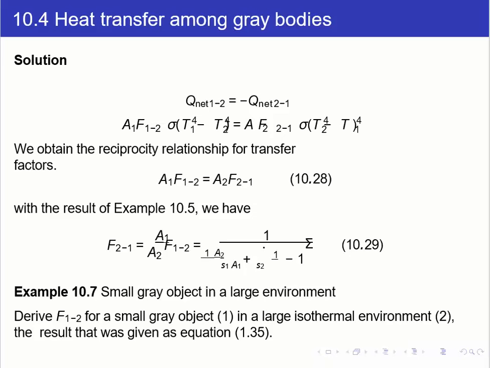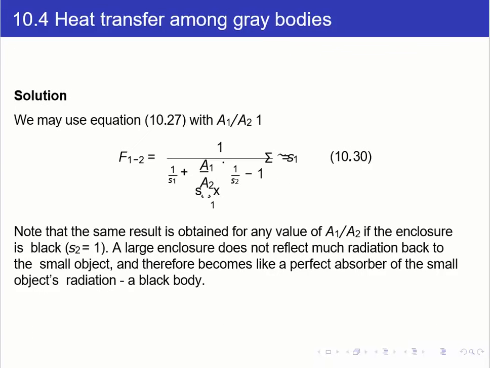Then, if we consider a small gray body in a large environment, we derive F1 to 2 for the small gray body in a large isothermal environment. The result can be given by the equation F1 to 2 equals 1 over (1/S1 plus (A1/A2)(1/S2 minus 1)).